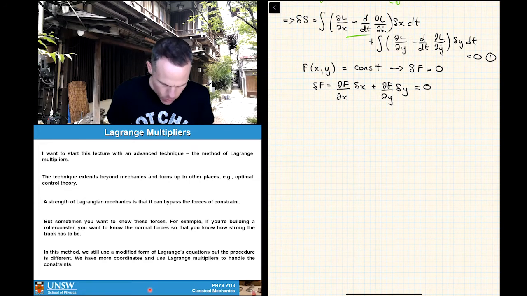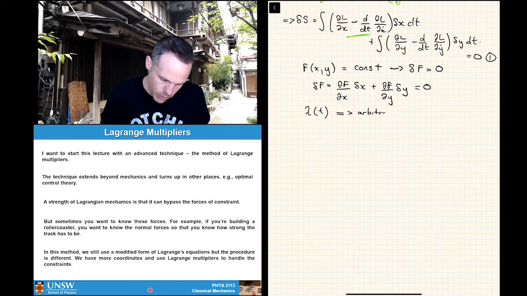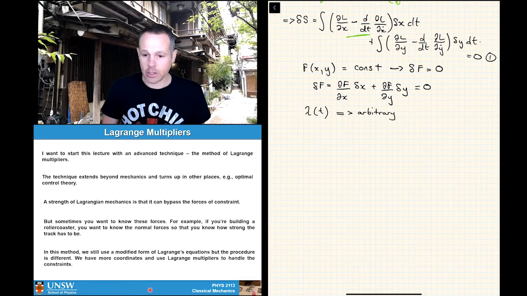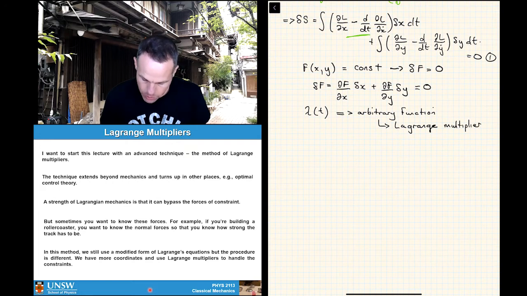And so what we have here is a function that we call lambda of t, and for the moment it's arbitrary, it can be anything we like. Later on it'll actually turn out to be connected to our constraint force. We call this thing a Lagrange multiplier.